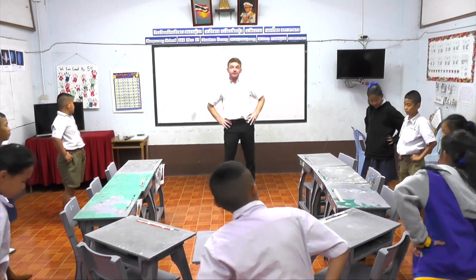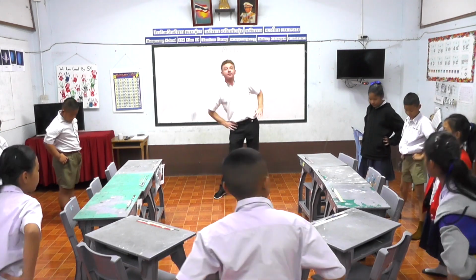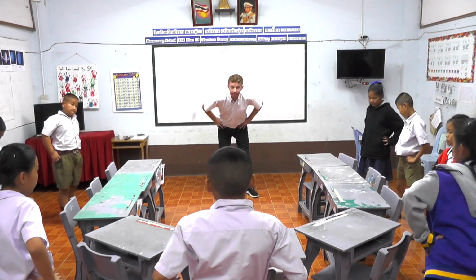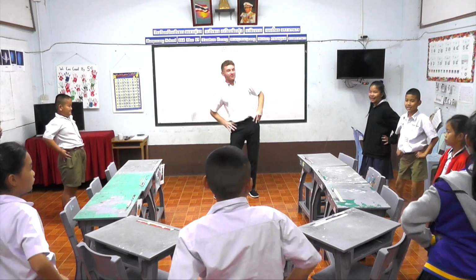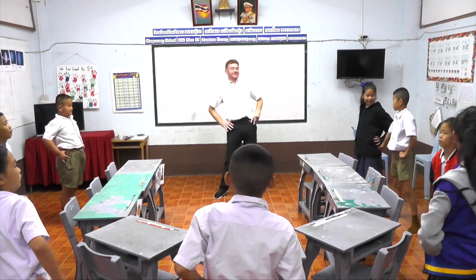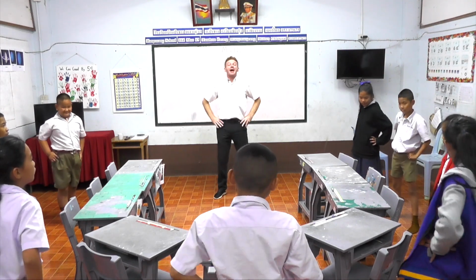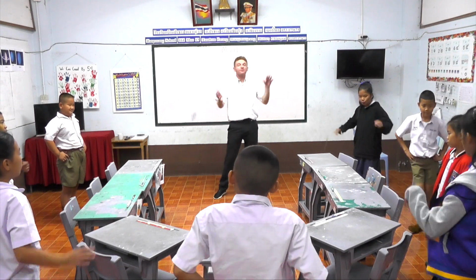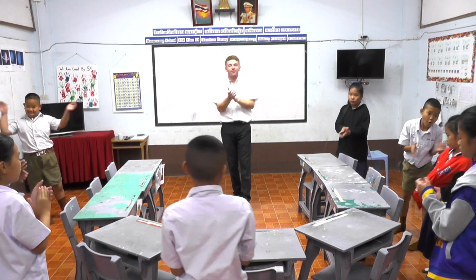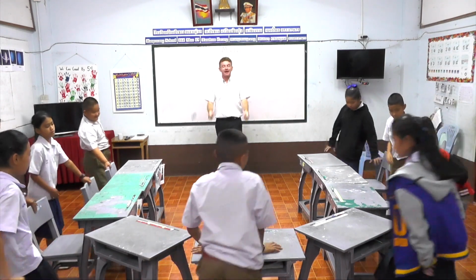Round and round. And stop. And then we'll go back the other way. Round and round the other way. And stop. And to finish, we will do 5 claps. 1, 2, 3, 4, 5. Excellent, guys. Have a seat.